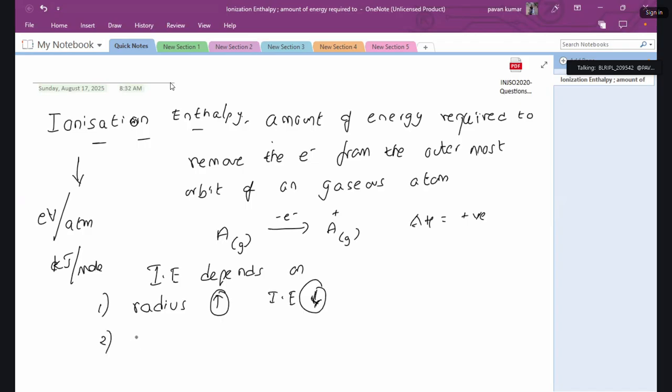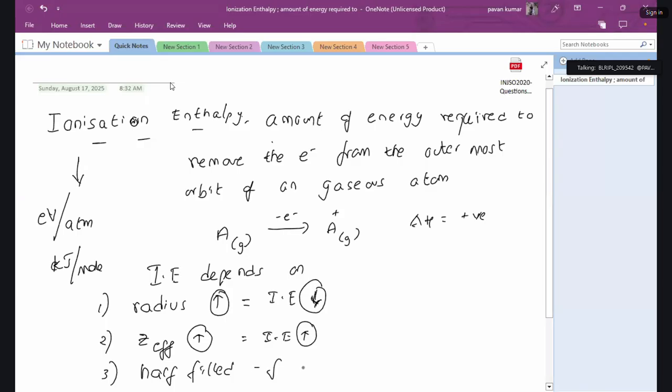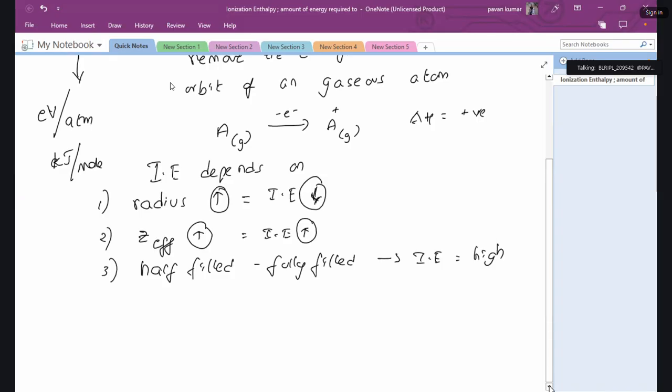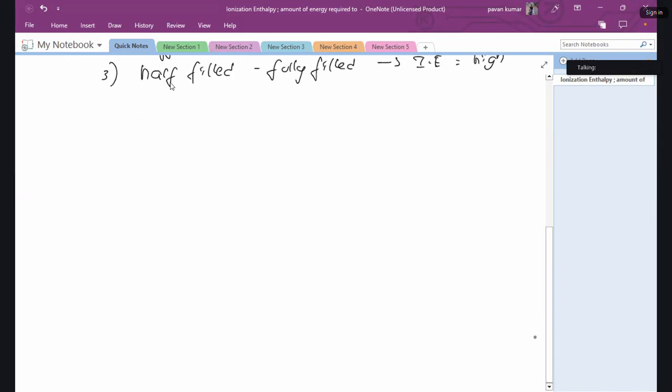And as Z effective increases, ionization energy increases. Okay, next, for half filled and fully filled configurations, ionization energy is high.